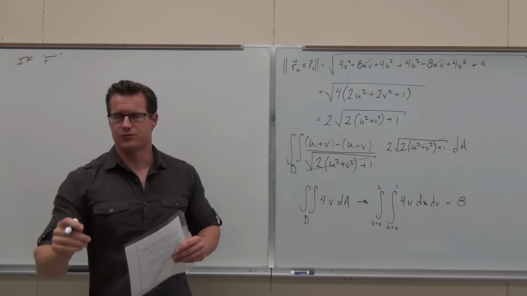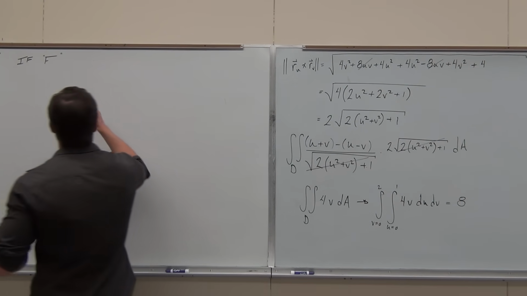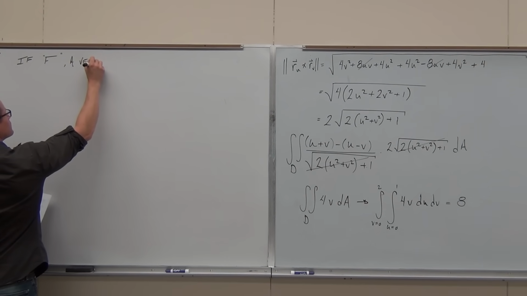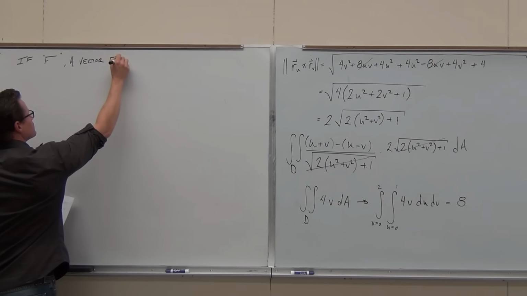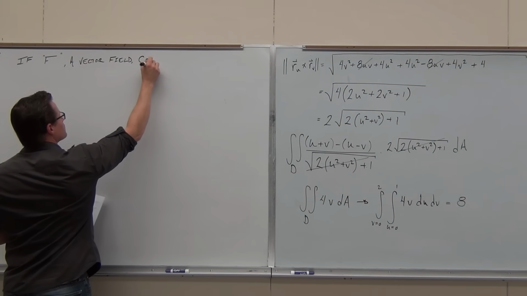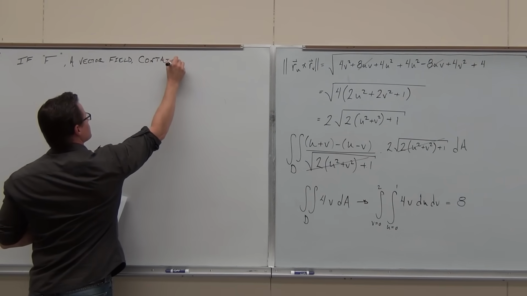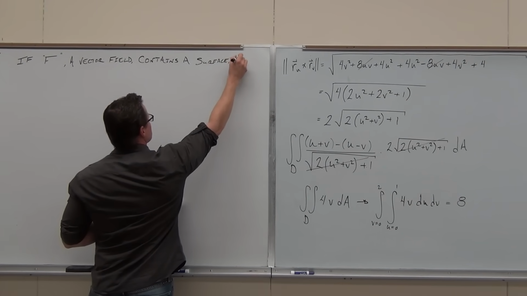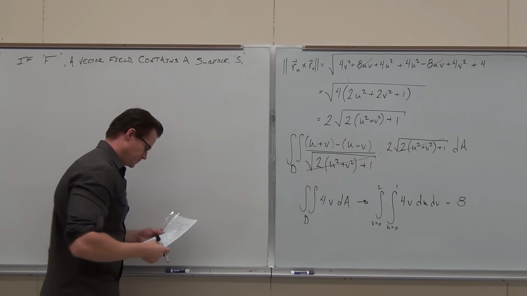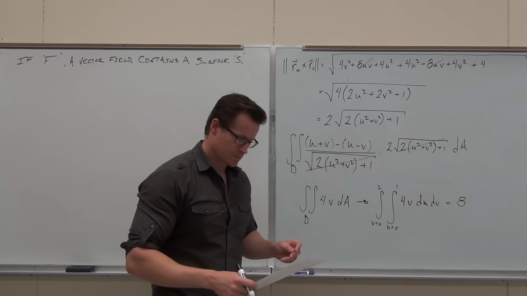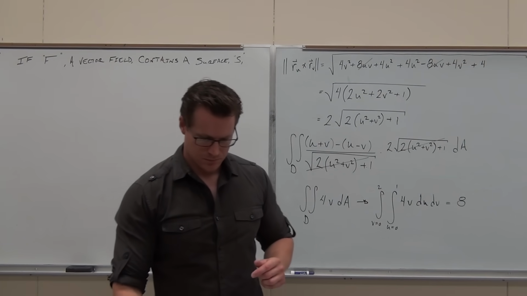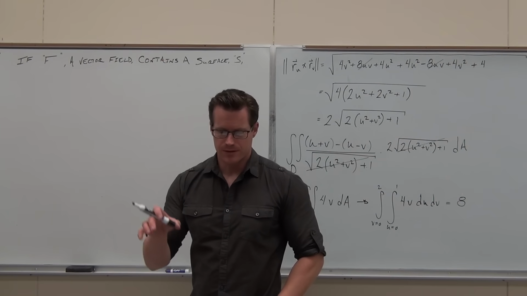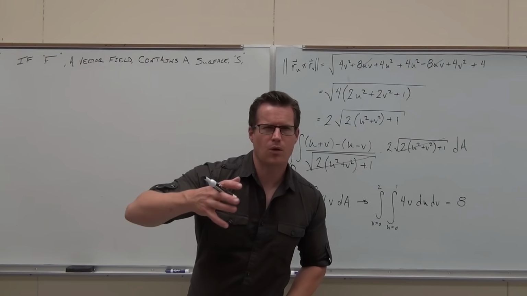If F, let's call that a vector field, contains a surface, then F describes the velocity of the flow or the fluid.